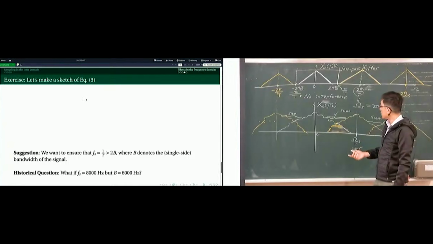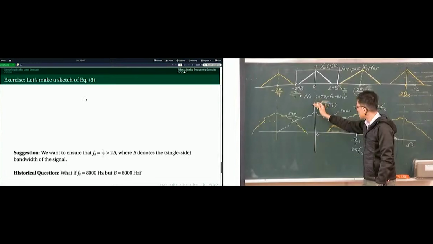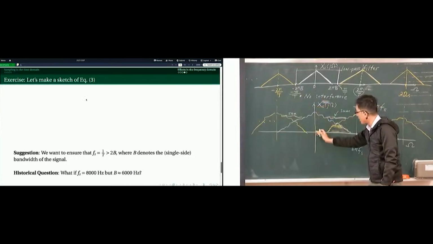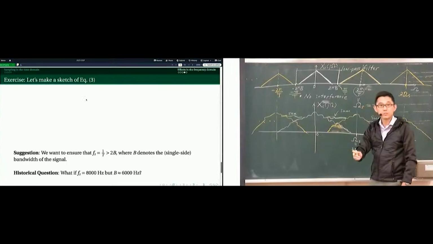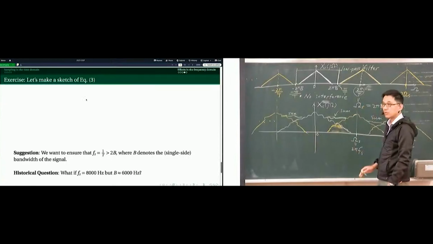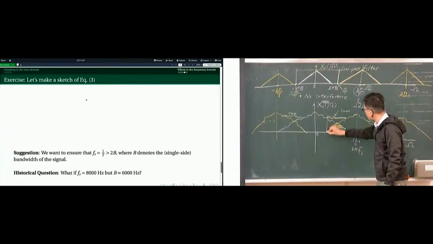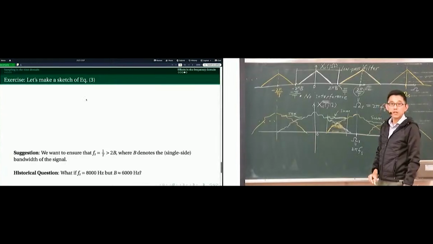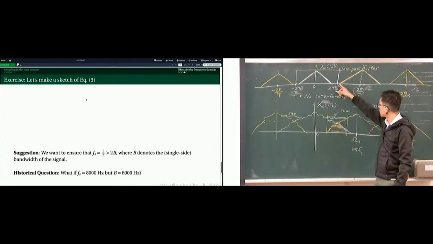So ideally, I should just draw the real part and maybe use another dimension to draw the imaginary part to be the most rigorous. But we don't bother to do that. Okay. But anyway, you know that in this frequency range, this part of the spectrum is going to overlap with that part of the spectrum, and we are in trouble. Okay. Can we still apply the same filter to retrieve the original shape?